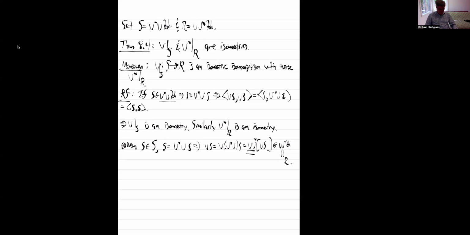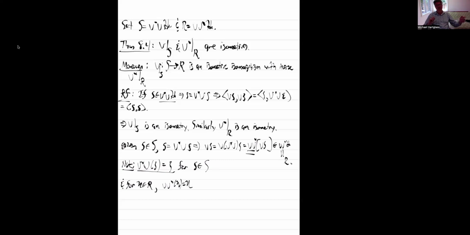We see that V star V acting on C is inherently going to be C. So that shows you that V star is a left inverse of V. So for C in S and for eta in the range projection, V star eta is eta.